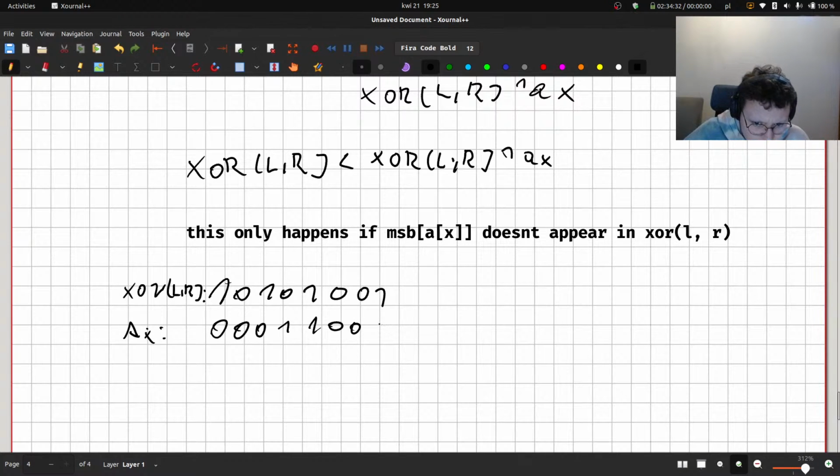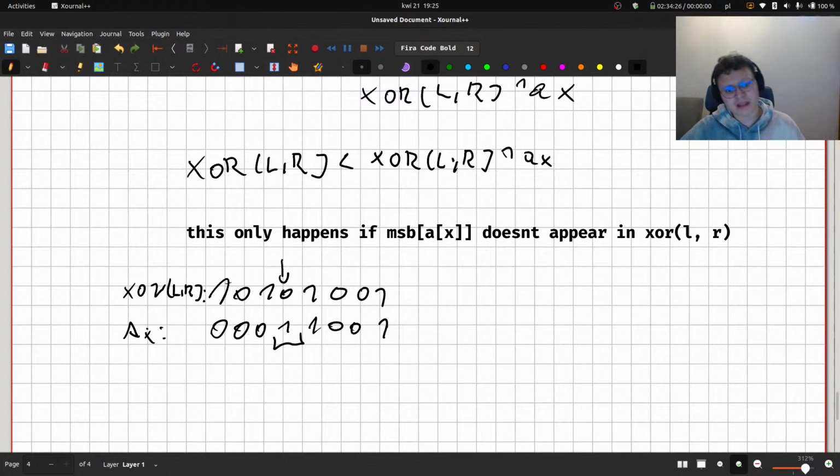What we can notice is that here we have the MSB, and if it turns something on, then we know that even if I zero everything after the MSB, it will still be bigger, right? Because the MSB is greater than the sum of everything below it. So we've proven that it happens if the MSB doesn't appear.